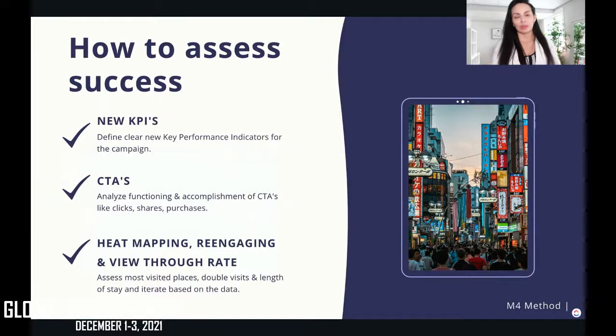And this one is a pretty important one: heat mapping, re-engaging, and view-through rate. Heat mapping is that when you create the experience, you have the ability to analyze where the persona or the user is going more often.